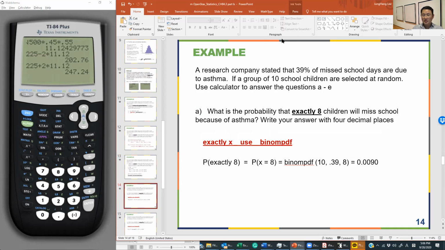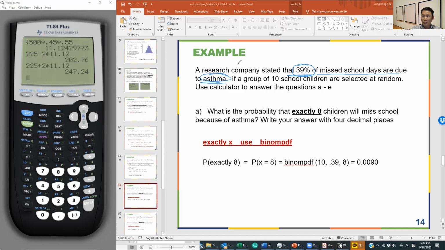Now, 14. This is another question. Let's say 35% missed school because of the asthma. Research company says, out of all those people who are missing school, 39% actually missed school due to the asthma.